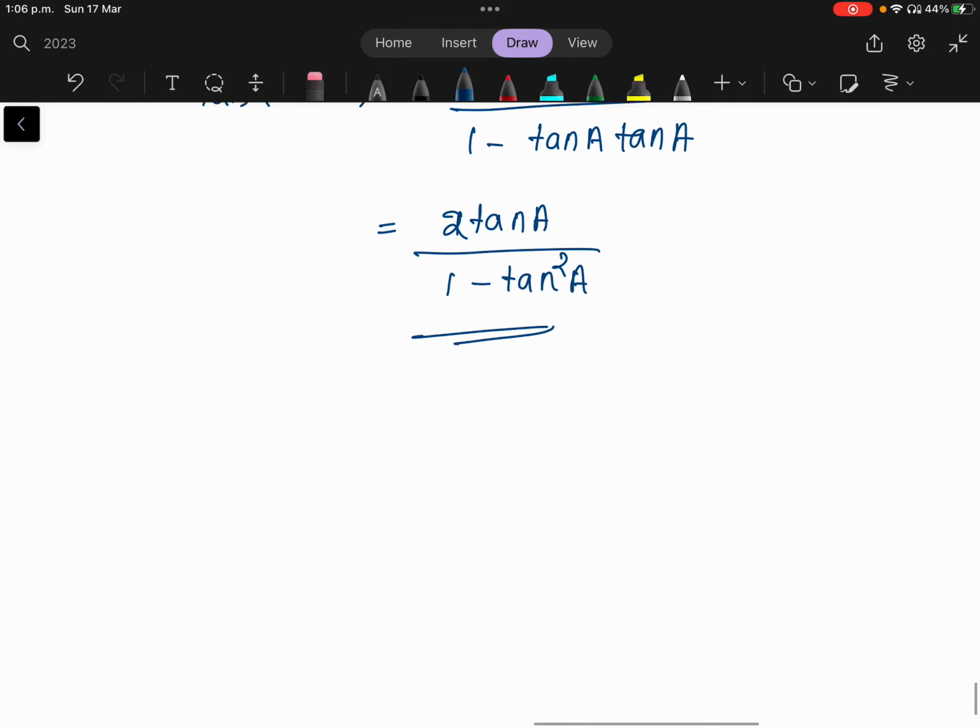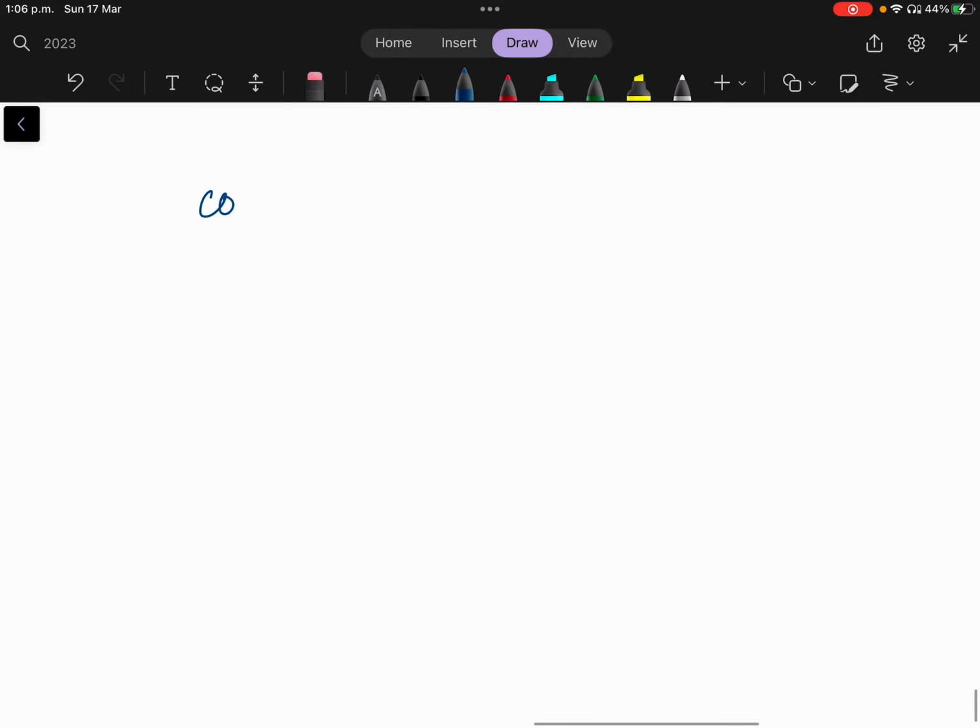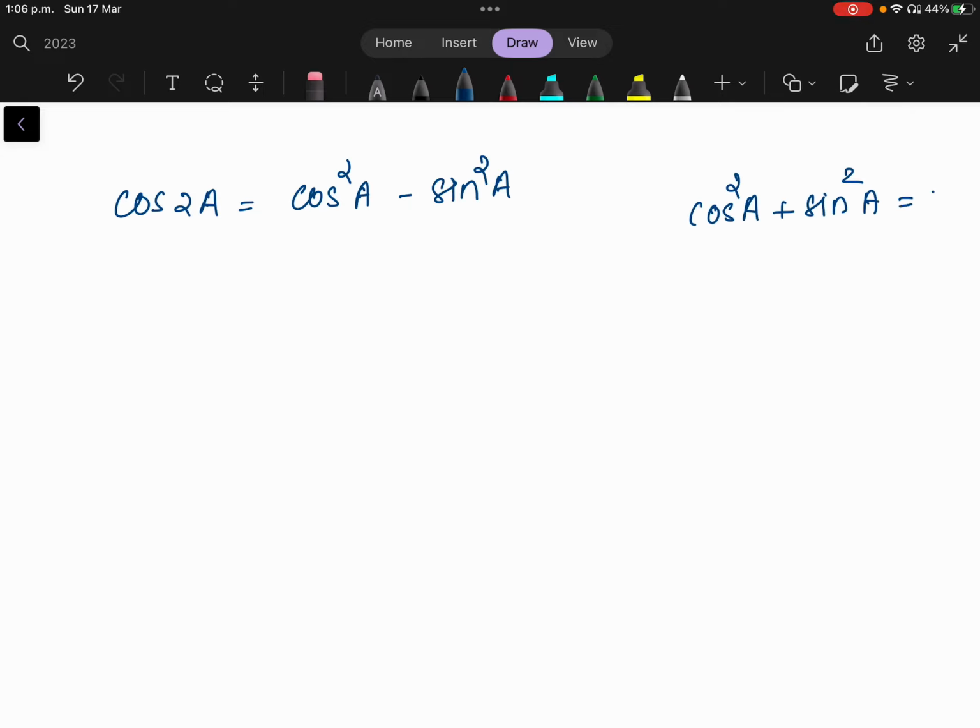Now there is a variation for some of these double angles. Suppose we got cos 2A is equal to cos square A minus sin square A. From here, you know the identity cos square A plus sin square A is equal to 1. This is also there in the formula book.